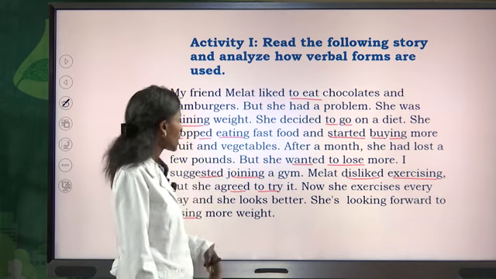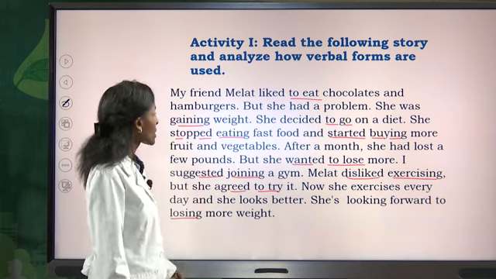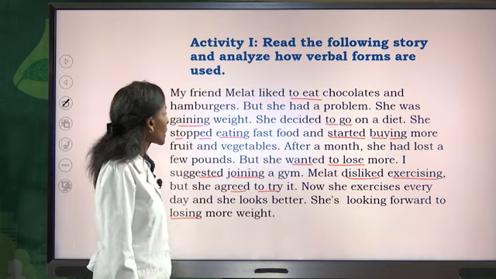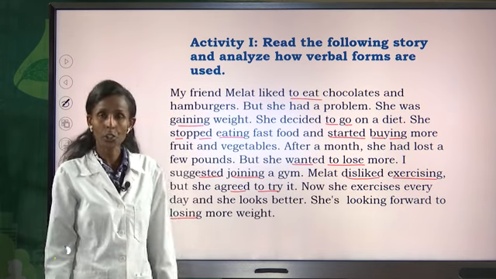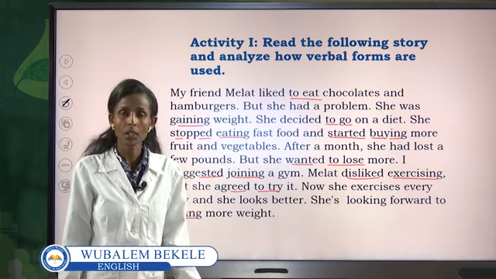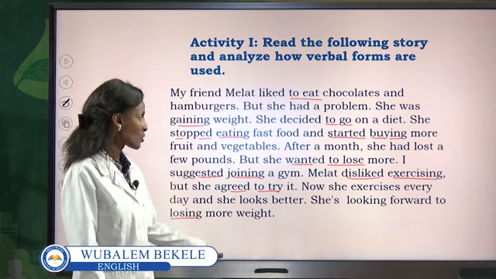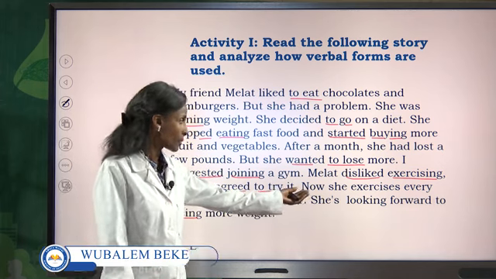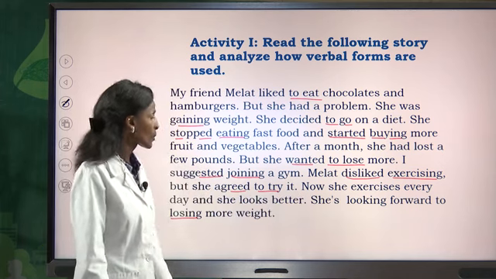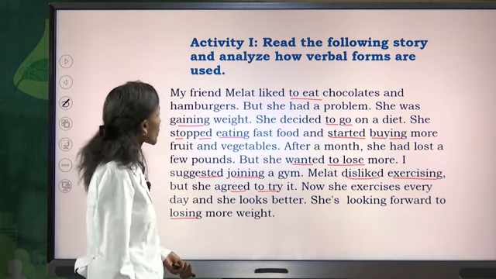Here we have seen how they are used as objects. So we can have more examples to illustrate how gerunds and infinitives are used as the subject of a sentence, object of a sentence, or object of a phrasal verb like looking forward to at the end of the story.